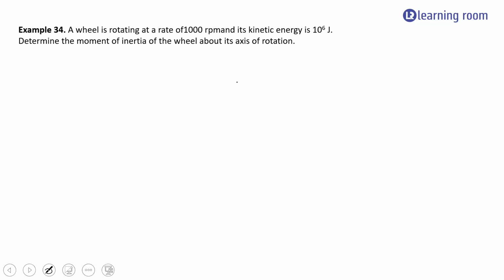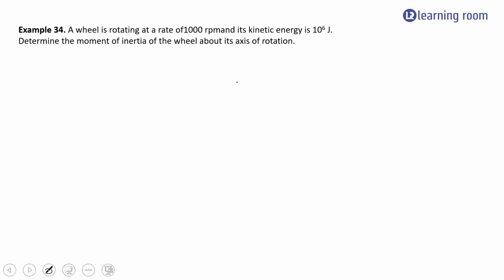Next is a problem that is based on kinetic energy and moment of inertia. What is the relationship? That was the last derivation we saw today. Rotational kinetic energy is equal to half I omega square. It's very simple. Okay. What is the basic formula for kinetic energy? Half mv square, right? So mass is the measure of inertia. I is the measure of moment of inertia.